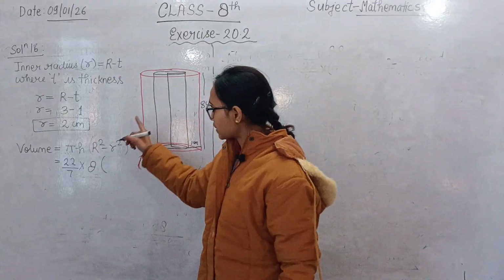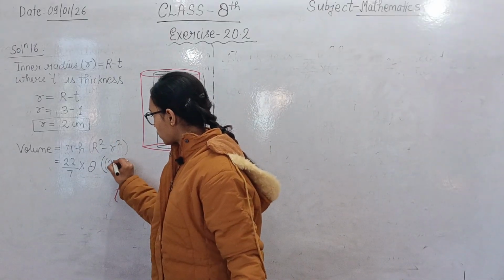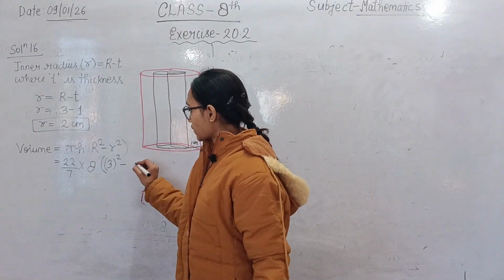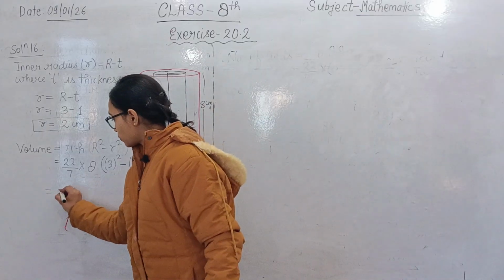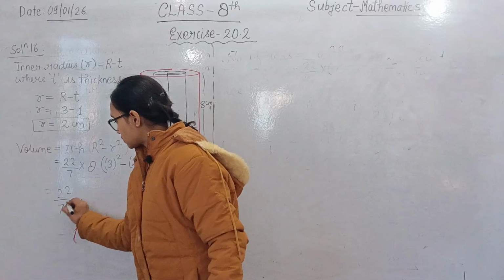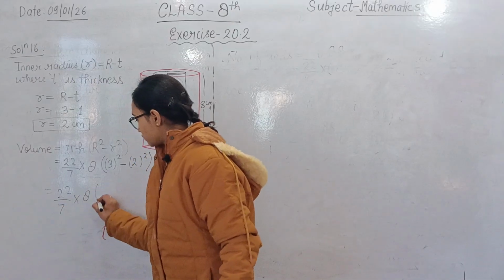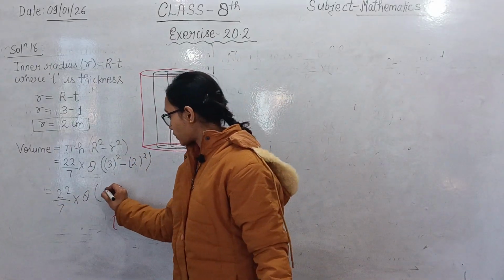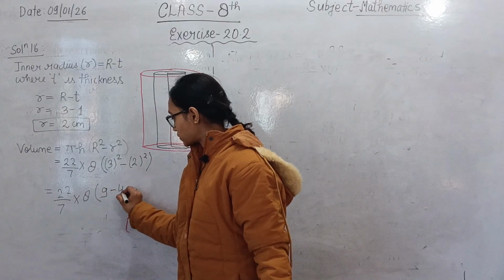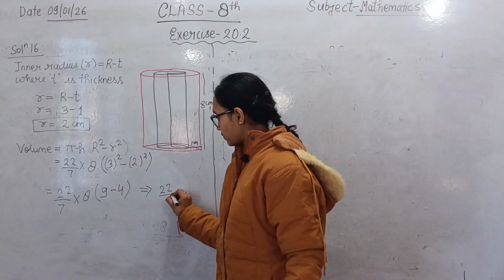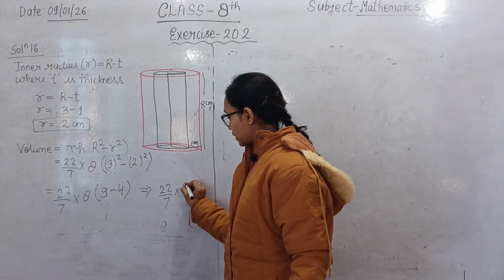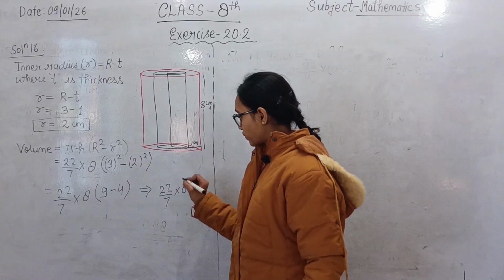Now capital R value is given as 3 whole square. Small r we have calculated 2 whole square. 22 upon 7 multiplied by 8. When we calculate 3 whole square minus 2 whole square, we will get 9 minus 4. It will be equal to 22 upon 7 multiplied by 8 multiplied by 5.